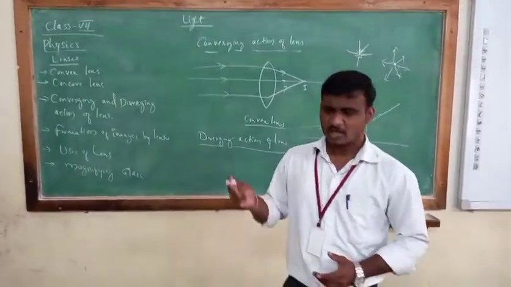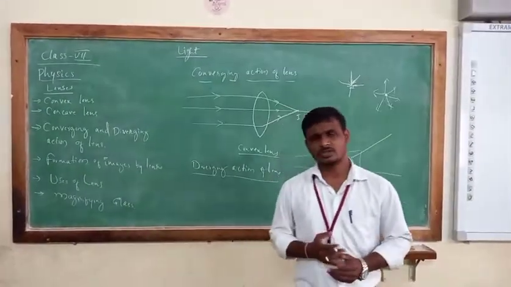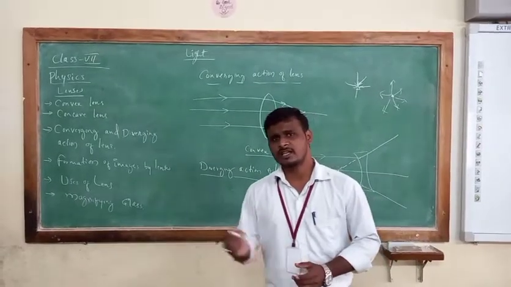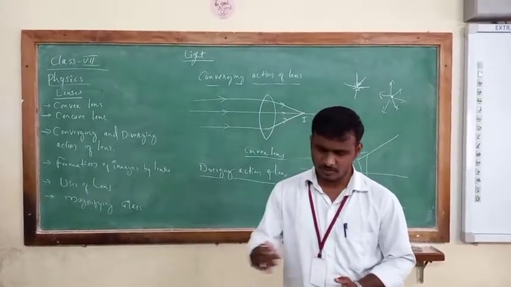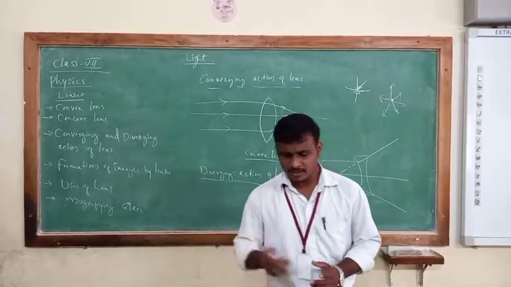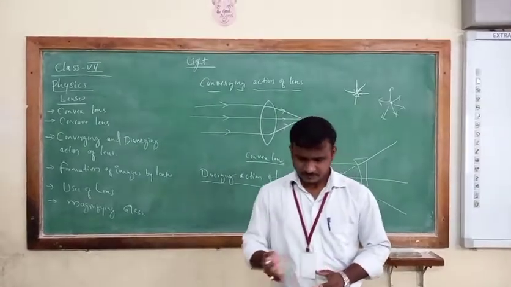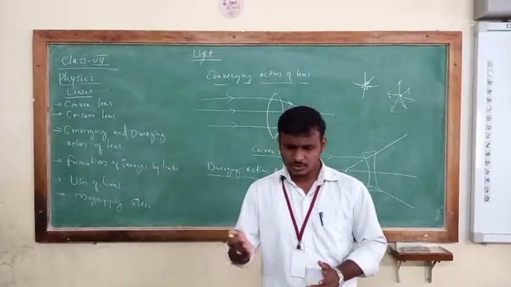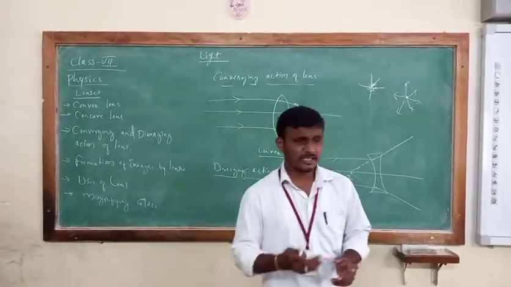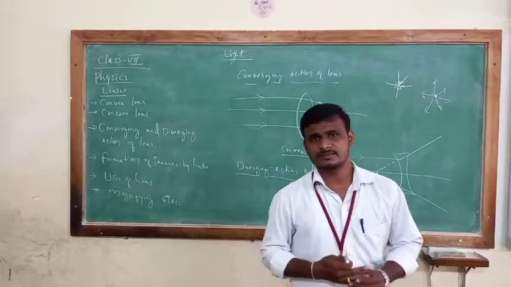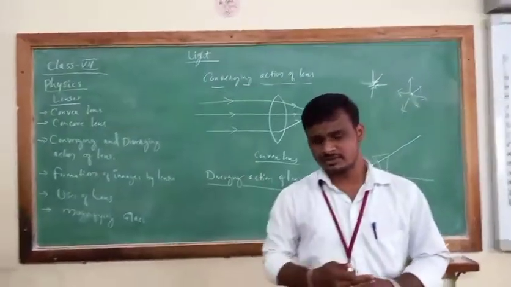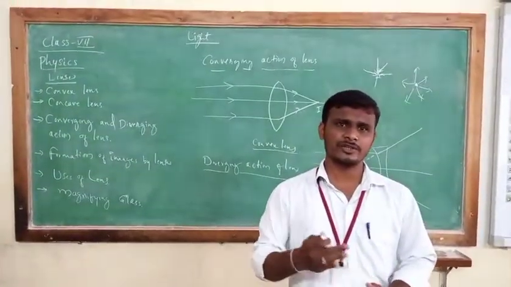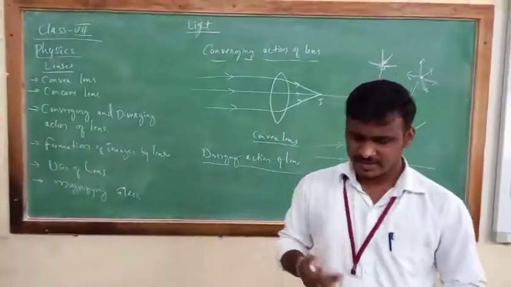And in astronomical telescope also we use convex lenses. In specs for correcting long sightedness, where we are unable to see far away objects, there also we use convex lenses.